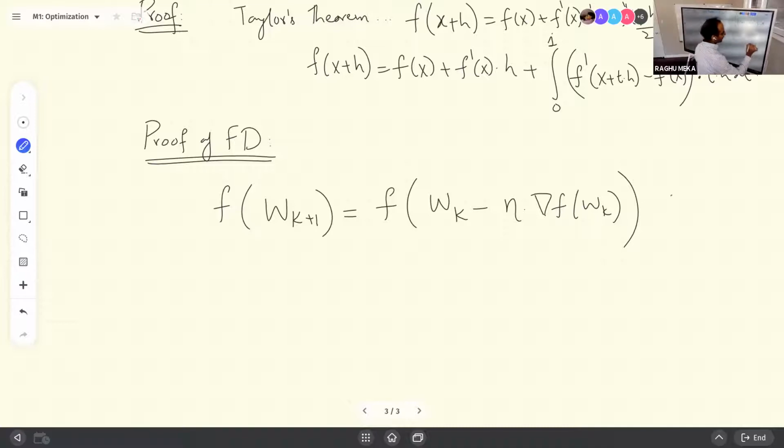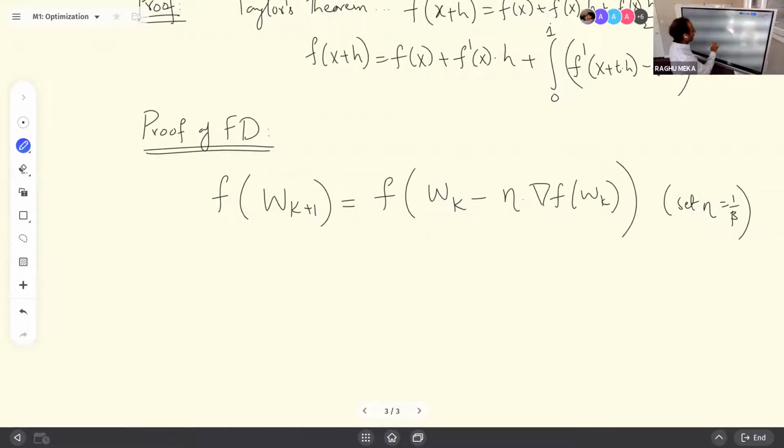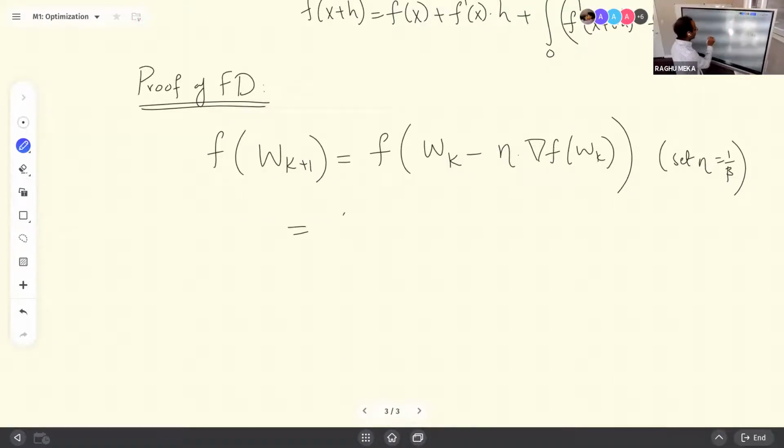And let's work with eta equals 1 over beta, just because it simplifies the calculations, and the same thing would work whenever it is less than or equal to 1 over beta as well. What do we get? So let's use this blue curve upper bound.